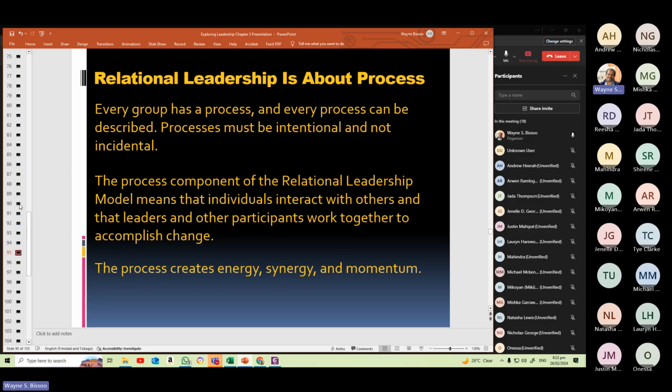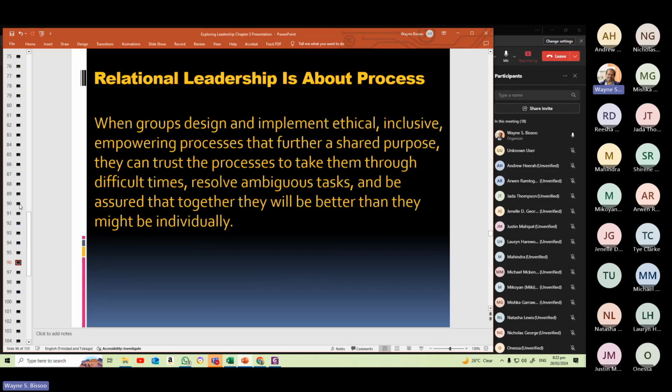We design it as a process so that we can get similar results every time we run it, especially if we follow the guidelines that we talk about. When groups design and implement ethical, inclusive empowerment processes that further a shared purpose, they can trust that the process will take them through difficult times, resolve ambiguous tasks, and be assured that together they will be better than they would be individually.